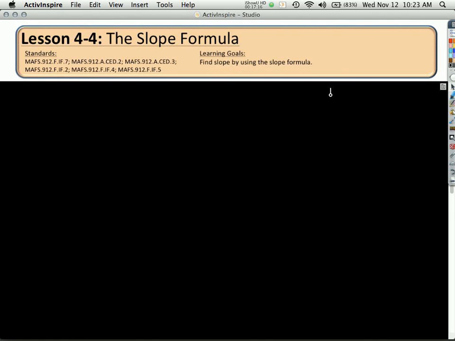So last class, we developed the idea of slope. First, we talked about rate of change. And then we built to the idea that slope is when the rate of change is constant. When the rate of change is the same over and over and over again, then we have slope. And remember that slope refers to steepness. There is also a formula that we can use to calculate slope.